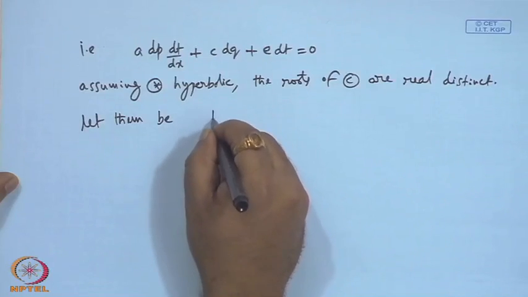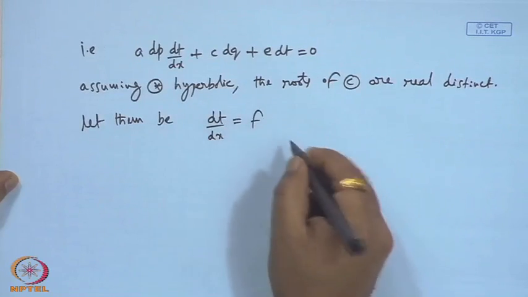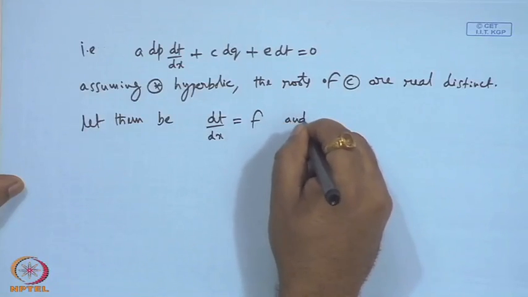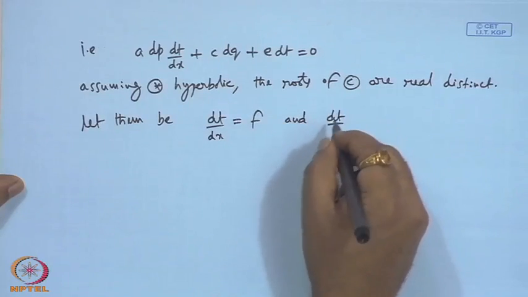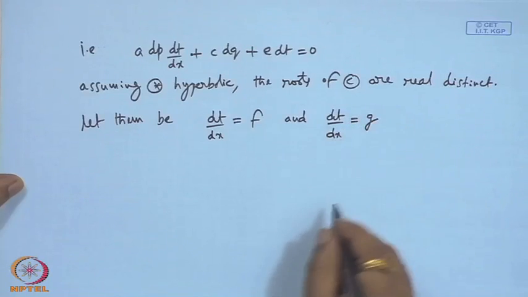Let these roots be dt by dx equals to f and dt by dx equals to g.